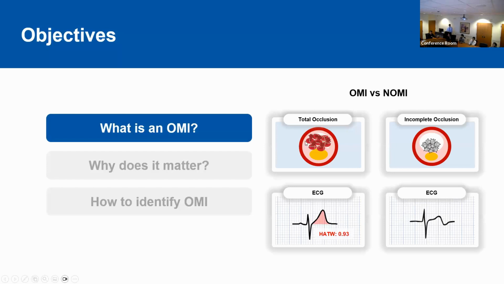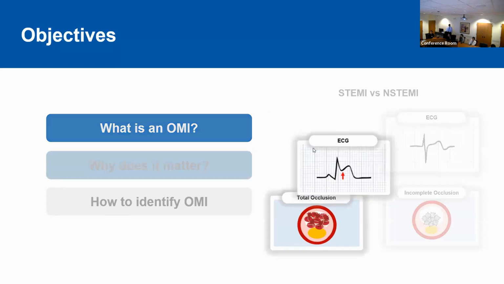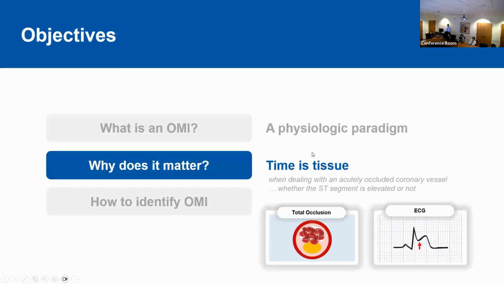That is, if you're dealing with an acute culprit coronary artery, rather than a single segment of the ECG. In terms of why they matter, as everybody in this room is well aware, when we're dealing with an acutely occluded coronary vessel, time is tissue, and that's true whether there's significant elevation of the ST segment or not.